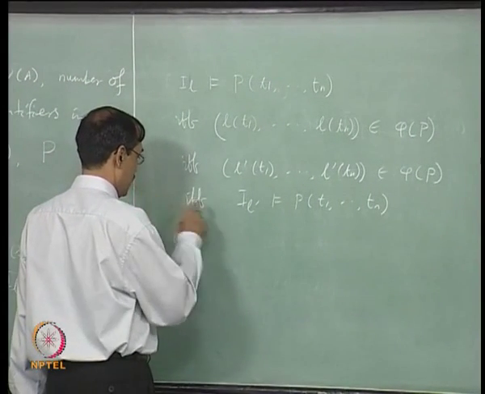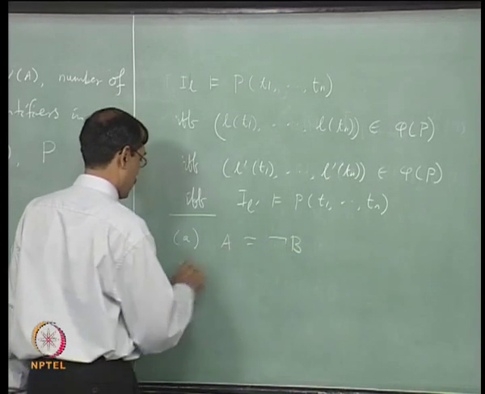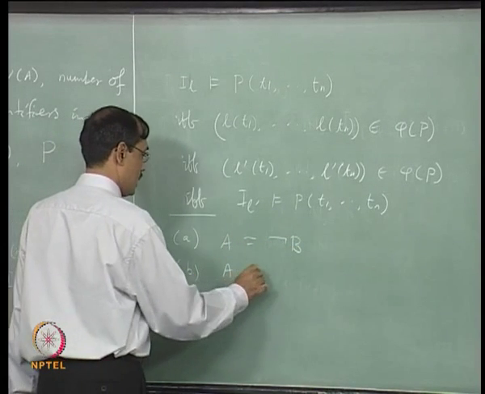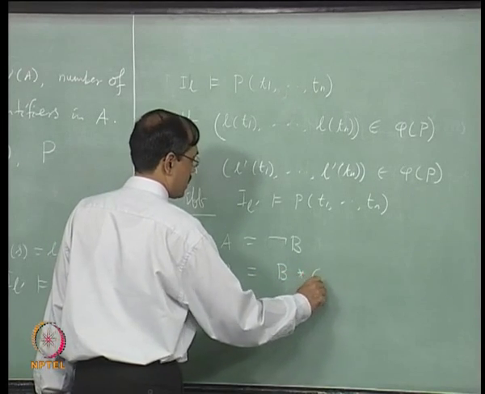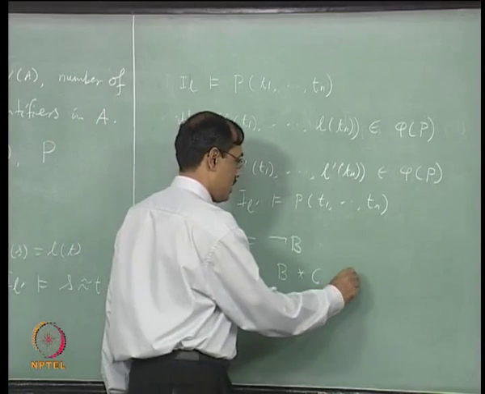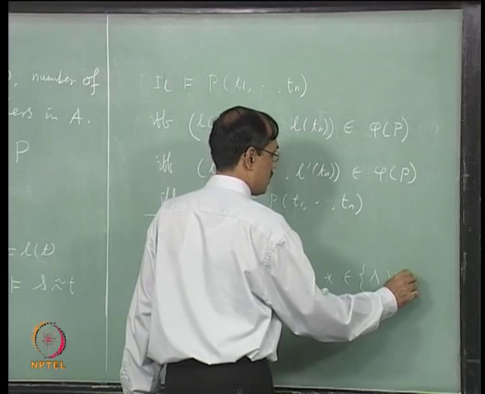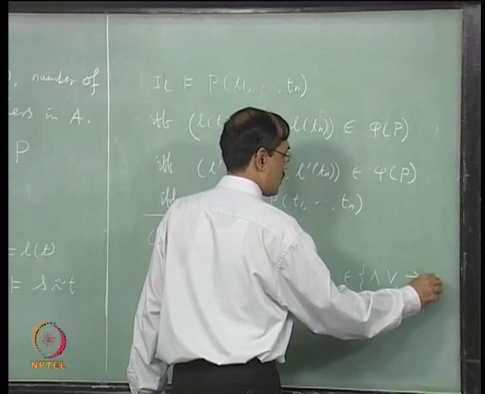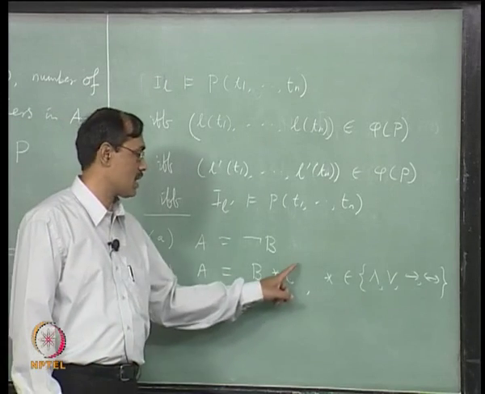So, now in the induction step we may have A equal to not B, or A will be B star C, where star is some binary connective: AND, conditional or biconditional, one of these, of course with parentheses.